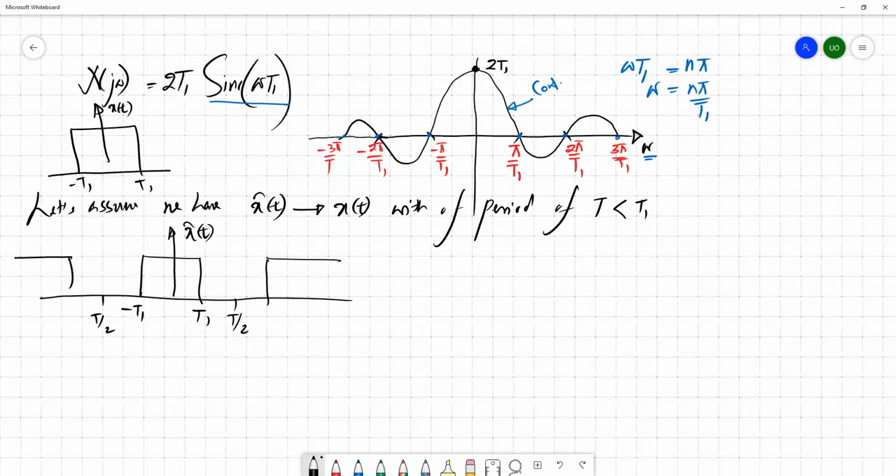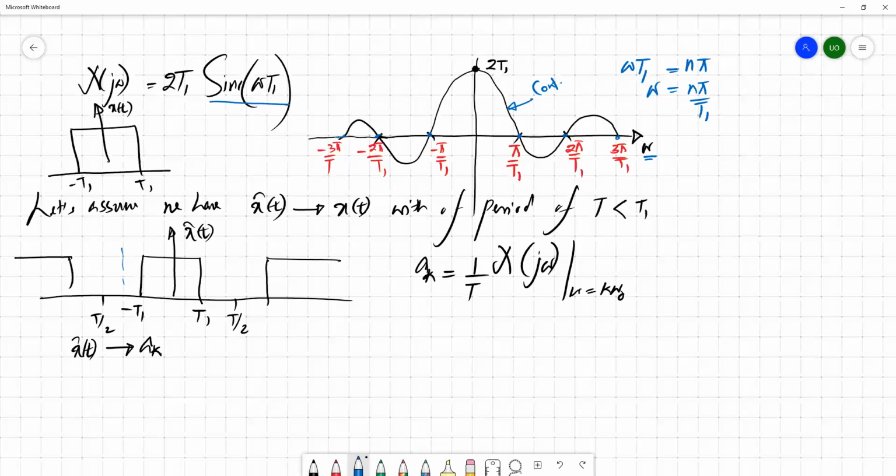Okay. So if you want to evaluate the Fourier series coefficients for this x tilde, we can easily get these coefficients by applying this. So we know the Fourier transform of this basic pulse. It's given here.